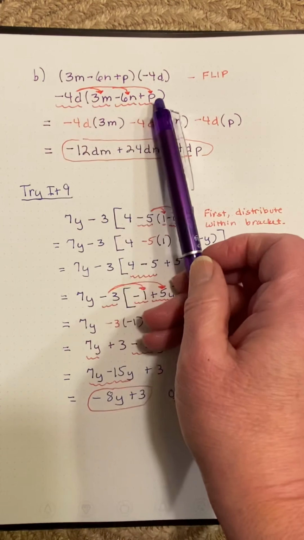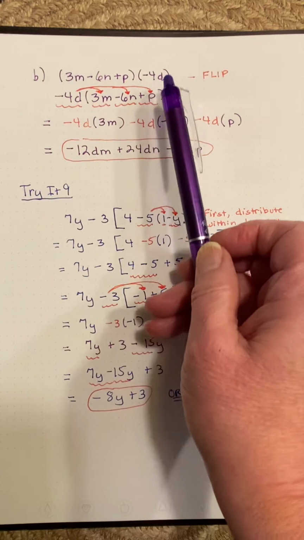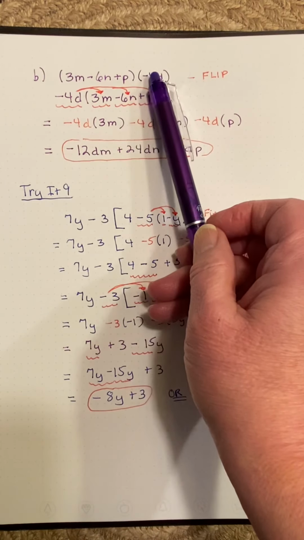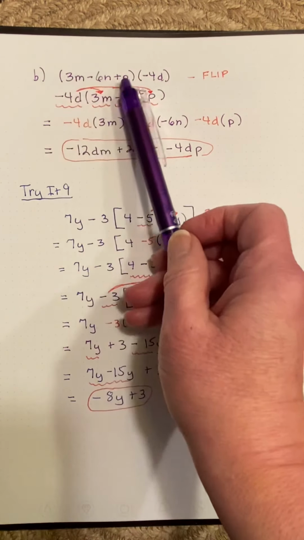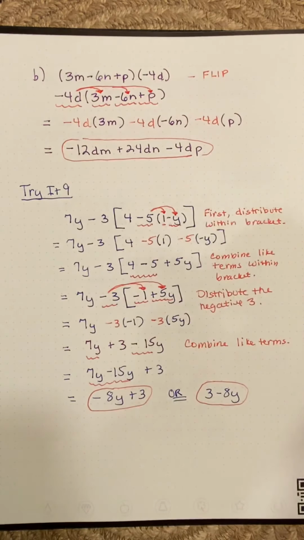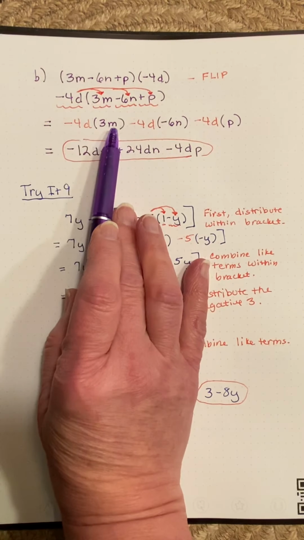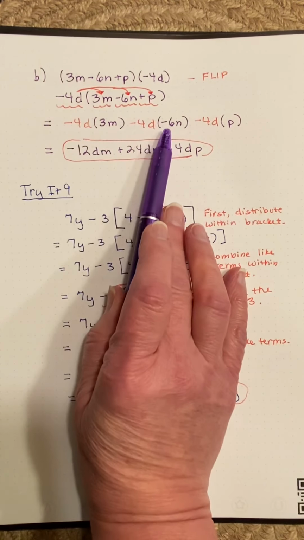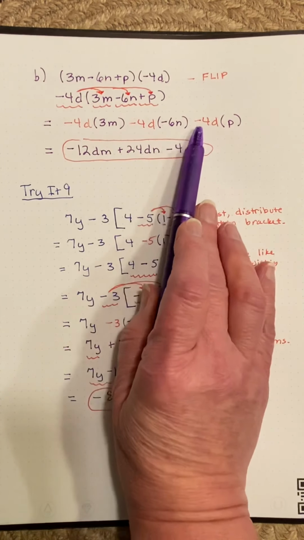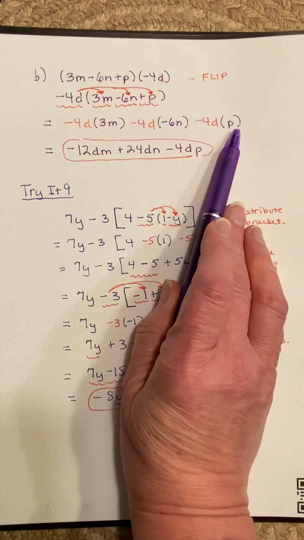It just lines up better in my mind this way, so I just took this quantity and flipped it with this other quantity. You can do that. Associative property, multiplication. So negative 4d times the positive 3m, negative 4d times the negative 6n, and the negative 4d times the positive p.